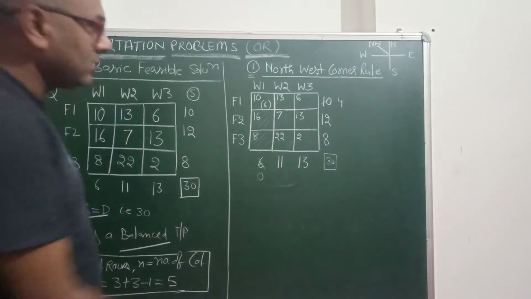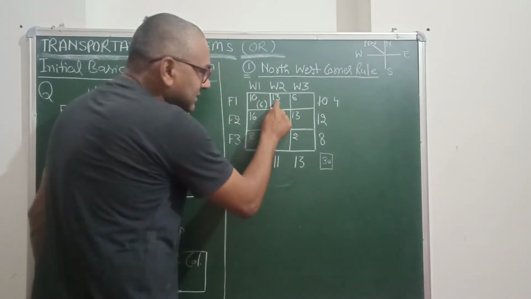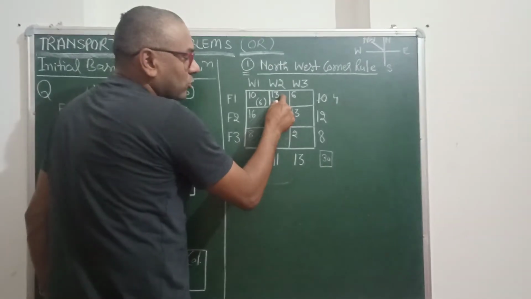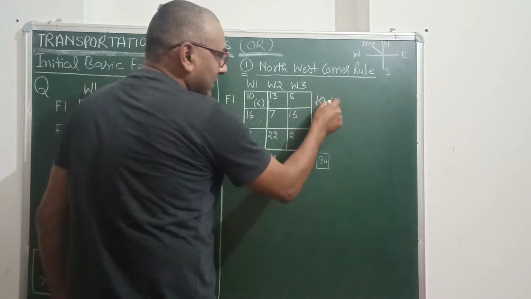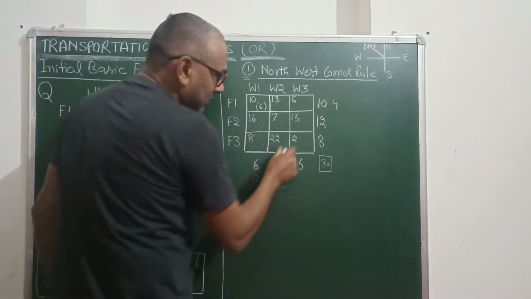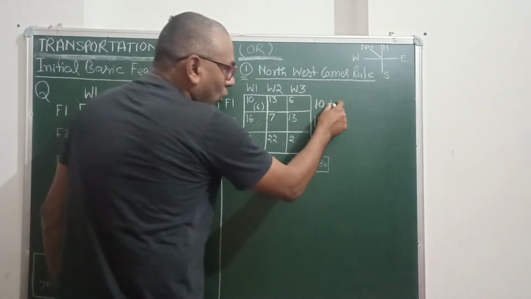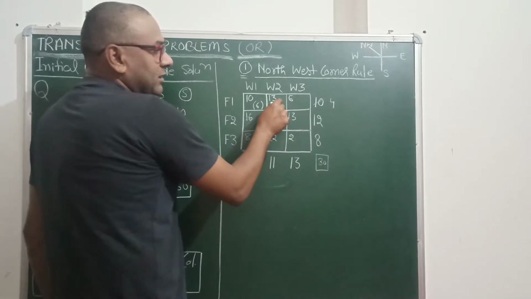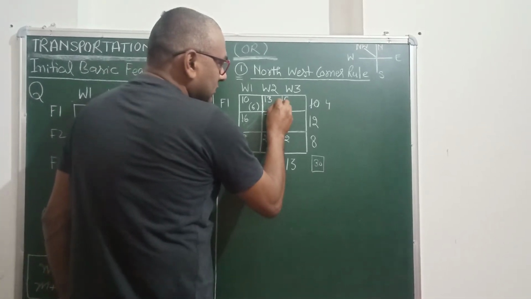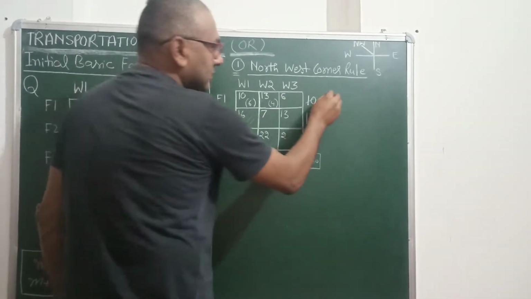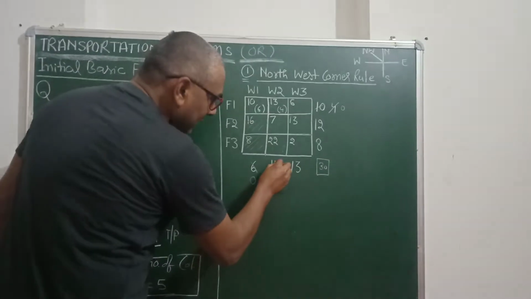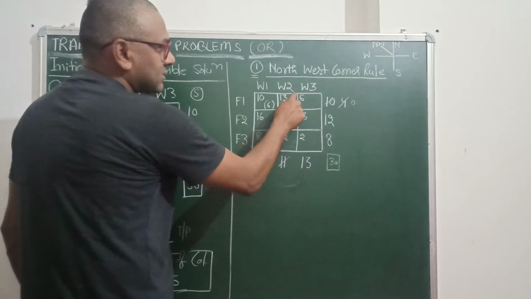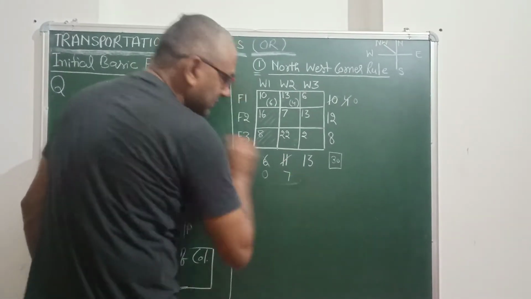Now again using the same rule, this is the northwest corner, so we make an allocation here. There are only 4 supply available and demand is 11, so all supply will be allocated to this. This has been allocated 4 units and becomes 0, no supply remains available here, and out of 11 demand 4 has been fulfilled, so the remaining value is 7.